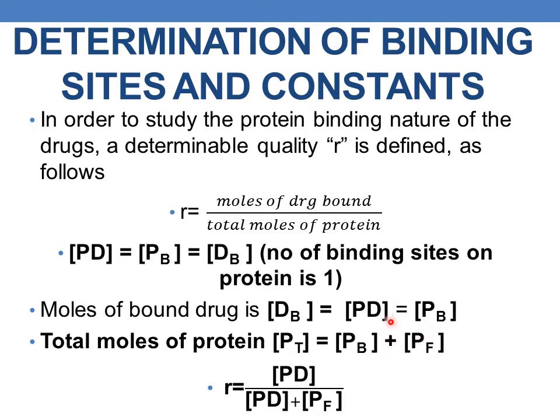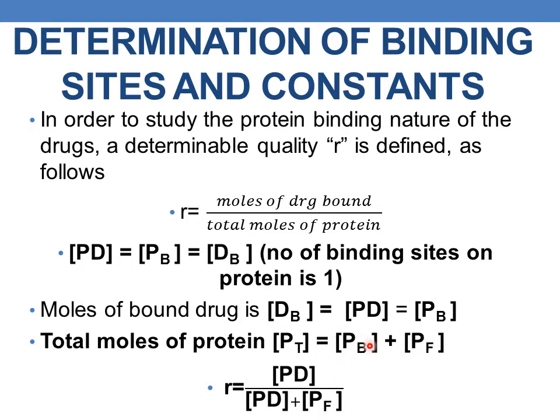Taking these two points into consideration, r can be expressed as moles of drug bound, which is Db. But Db is equivalent to the molar concentration of Pd, so we use Pd in place of Db. So r equals Pd by Pd plus Pf.